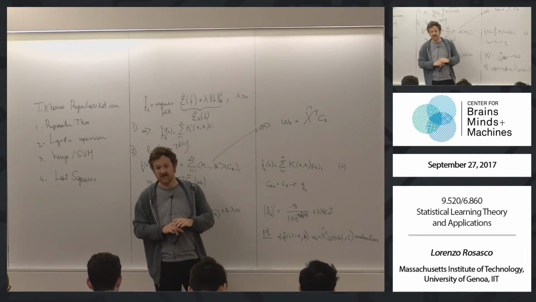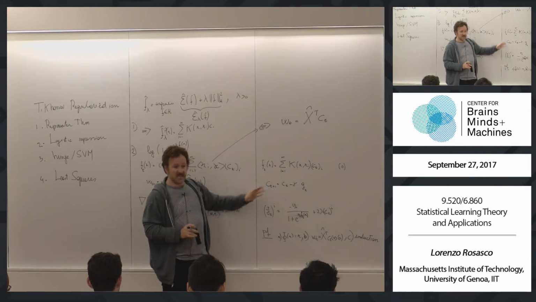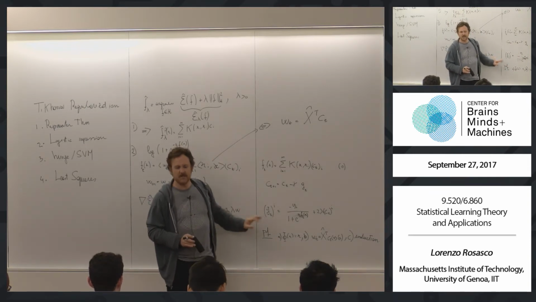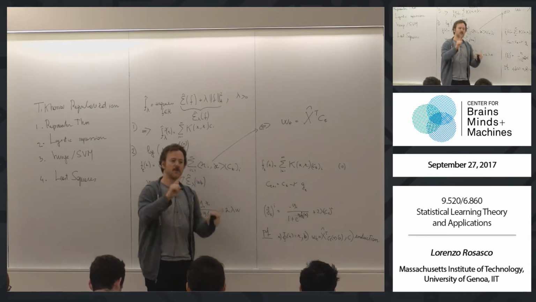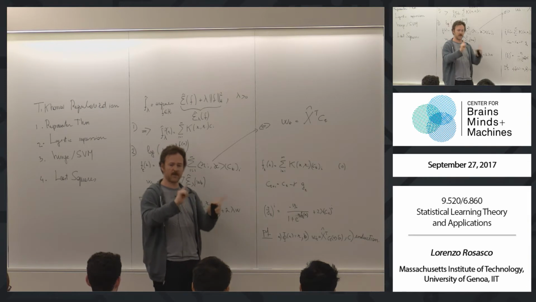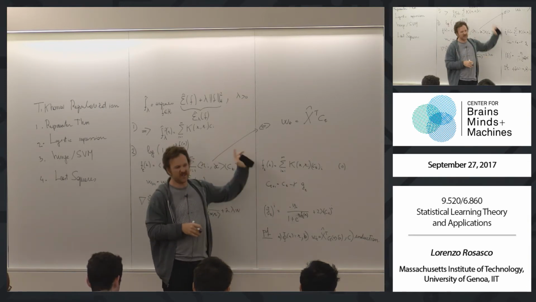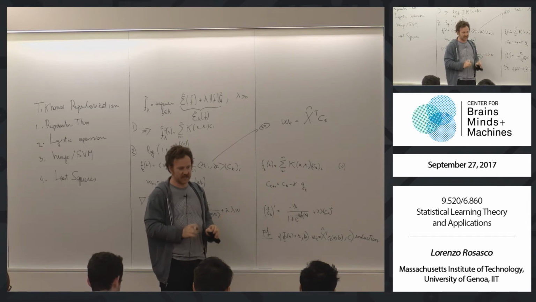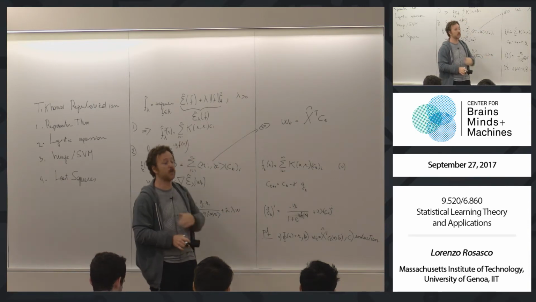I'm cheating a little bit. This result is true for any kernel. Strictly speaking, this argument, you remember that I told you that sometimes when you use a feature map, the connection between function and W's is not one-to-one. Well, this argument, strictly speaking, works in the case where it is one-to-one. With a change of notation, basically it works in any case.